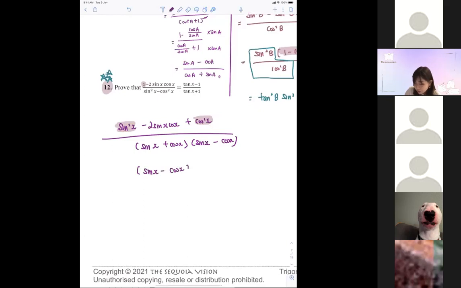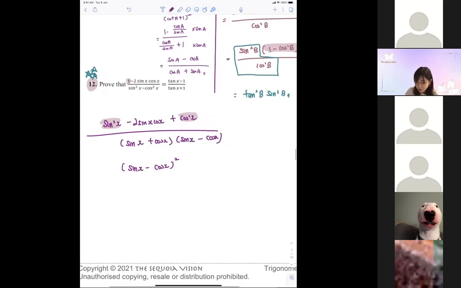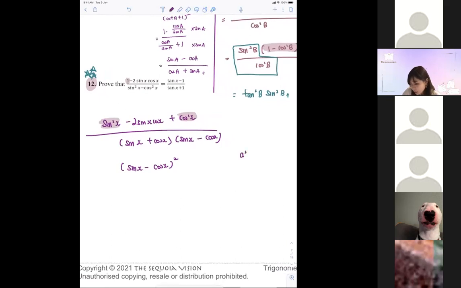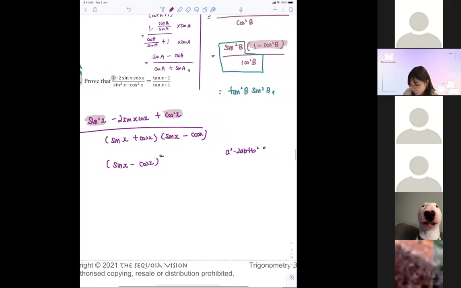I just write down here: a square minus 2ab plus b square. If you factorize, you get a minus b whole thing square. Now you can cancel similar brackets. Gone, gone.